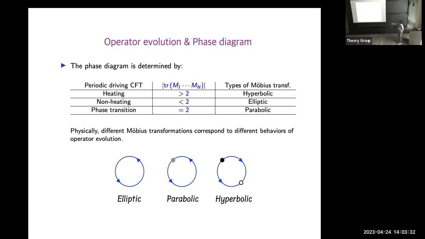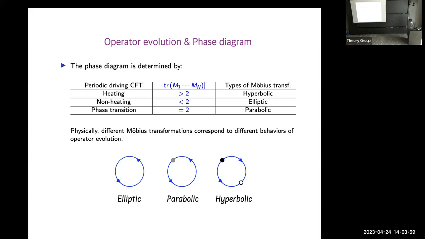And in between the two behaviors, there's a parabolic feature of the operator evolution. There's a single fixed point. It is not stable, and the operator can flow from this side and back to this single fixed point.